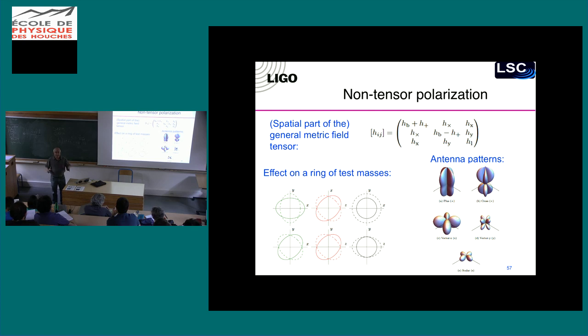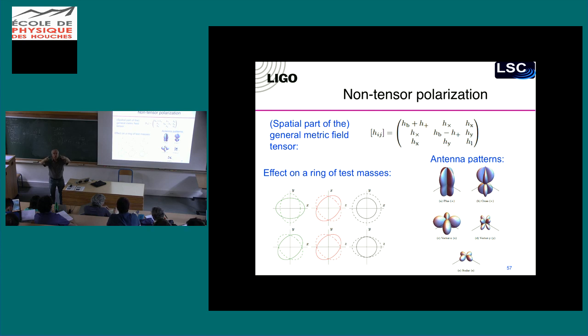But what that means is that it's really hard to tell. You can't, in fact, distinguish and disentangle plus and cross. Why is that important? Because if the binary is face on, you're seeing both plus and cross, and you're seeing a signal at like 1 times some factor. If it's edge on, you're only seeing plus and half the signal.